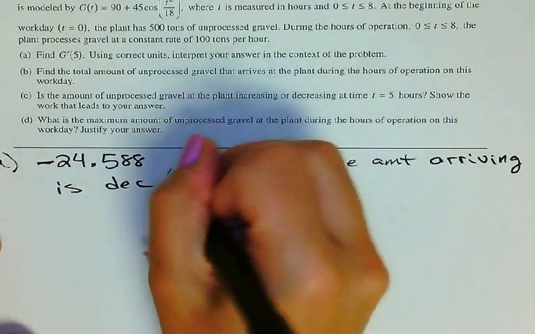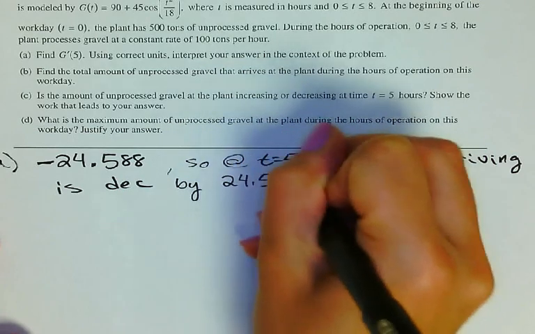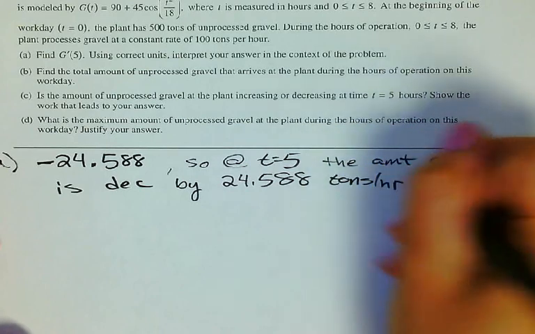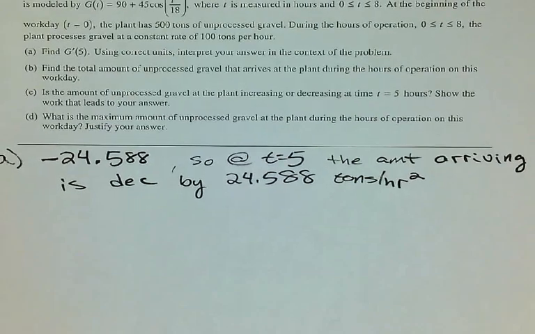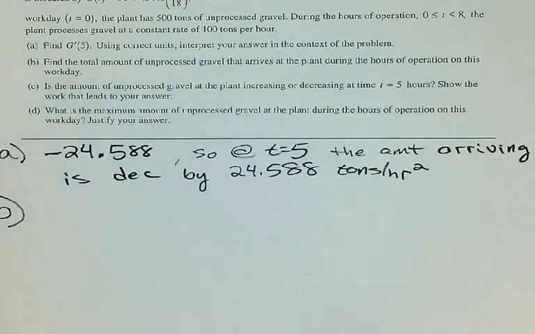The amount arriving to the plant is decreasing by 24.588 tons per hour squared. And that would give you 2 points, I believe, for part A. So the rate at which the gravel is arriving is decreasing by 24.588 tons per hour per hour at t equals 5.